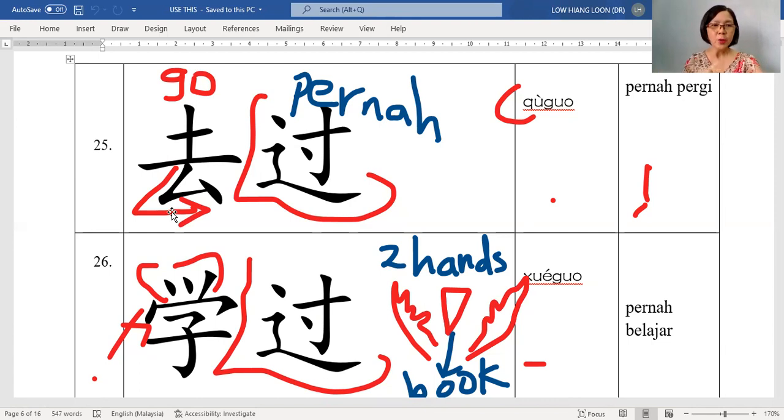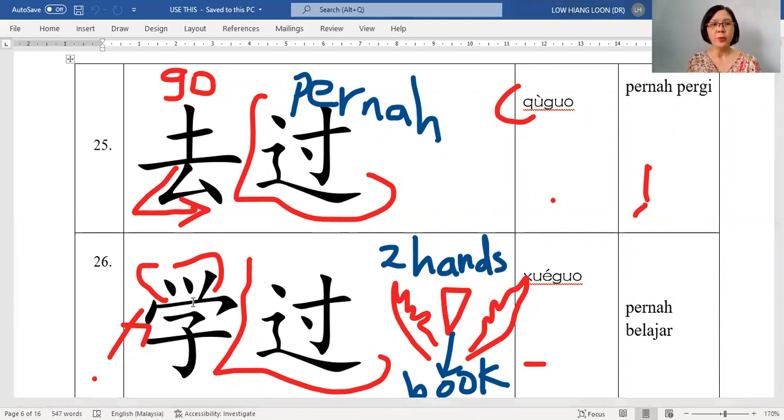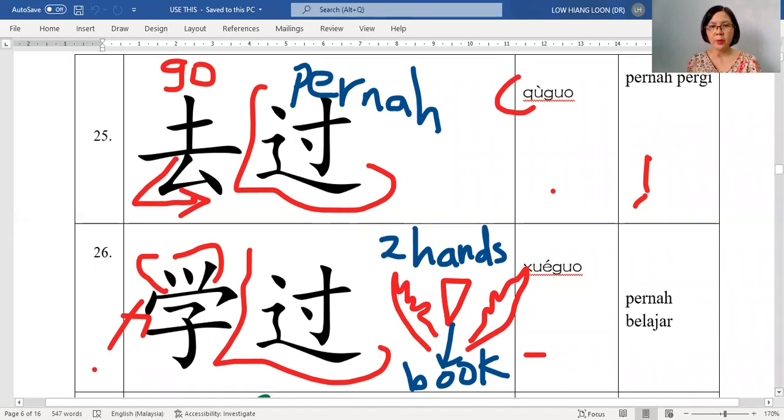Now you go to number 26 first. Again, this is 过. Means that you have done this before. And the first character, see, 老师 circle the three strokes. Actually, you enlarge it. It looks like 2 hands and 1 book.